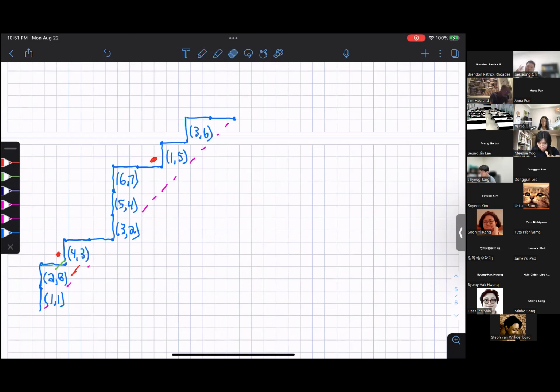So if I remove the y's, which are these guys here, and leave the x's, then I have two marked movable valleys.